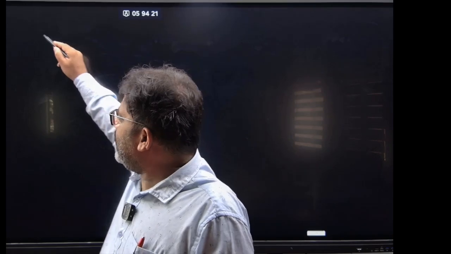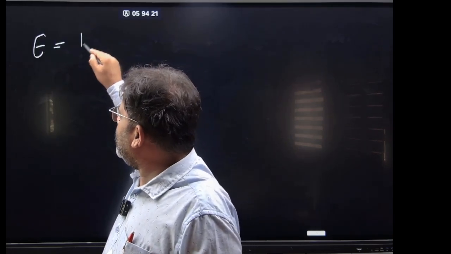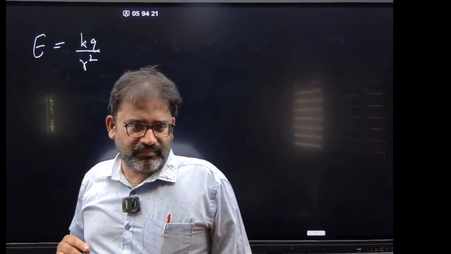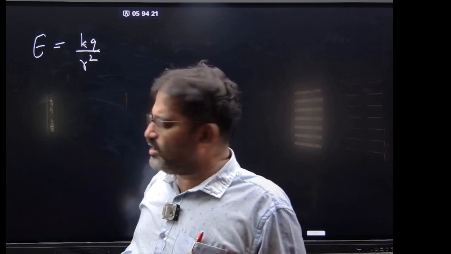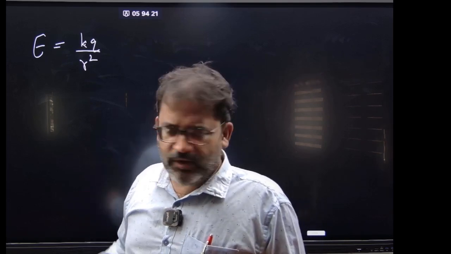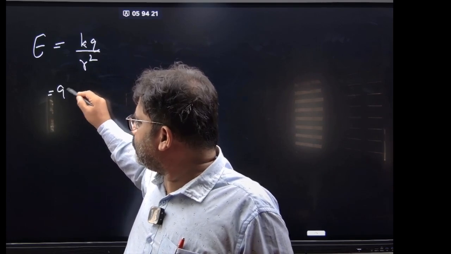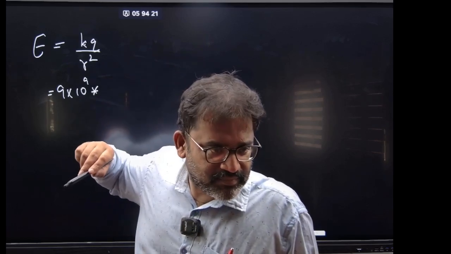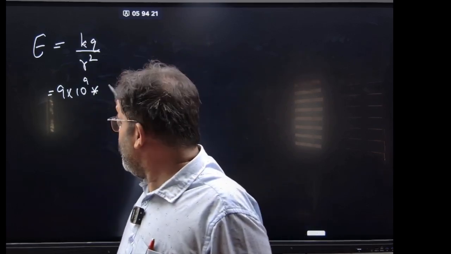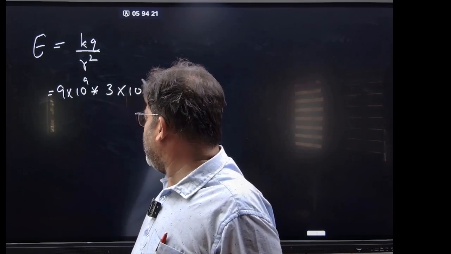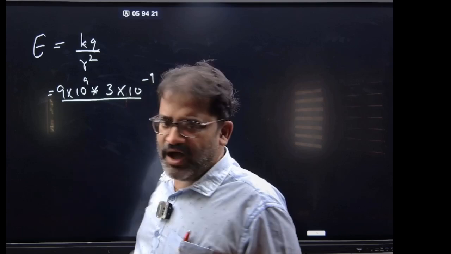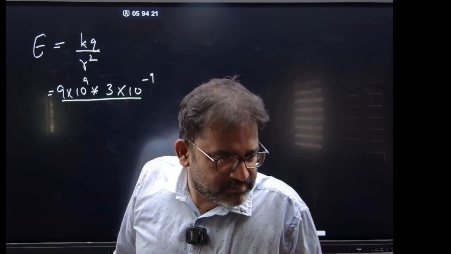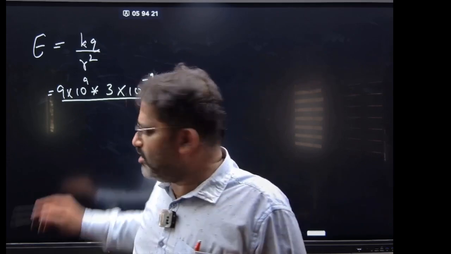So electric field is given by E, which is equal to K Q divided by R square. Now what is the value of Q? Three nanocoulomb. That means 3 into 10 to the power minus 9, divided by R. What is R? 2 centimeter.